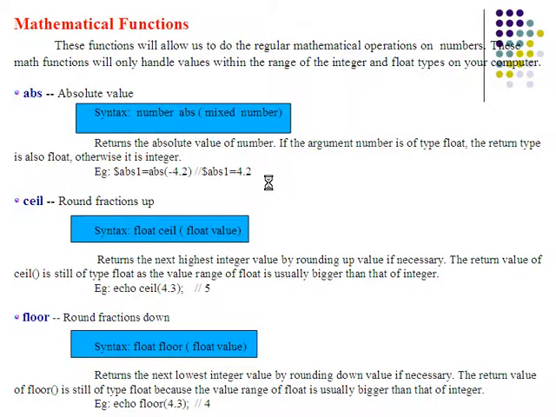For example, if you pass the value 4.3 as a parameter to ceil, it rounds the fraction up to the nearest integer value, that is 5. If you give the same 4.3 as a parameter to the function floor, then it rounds the fraction down to the nearest integer value, which is 4.